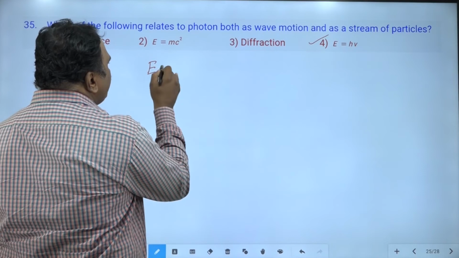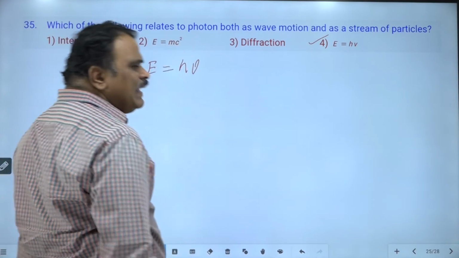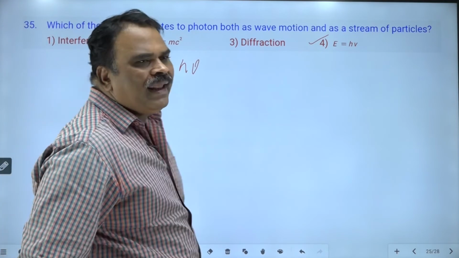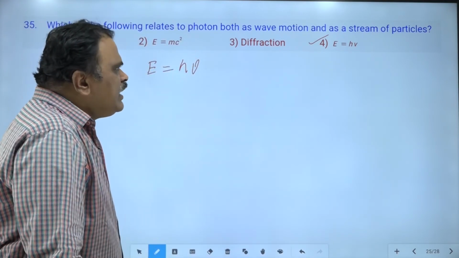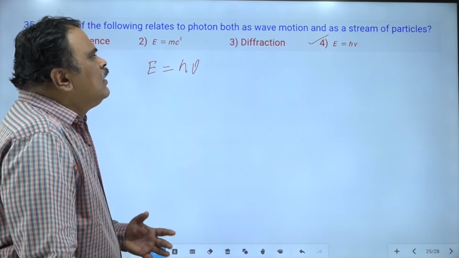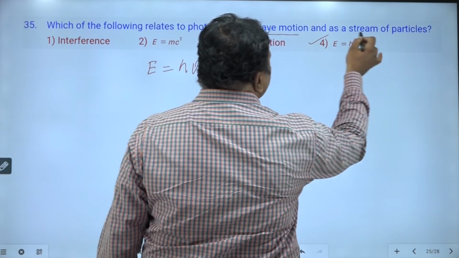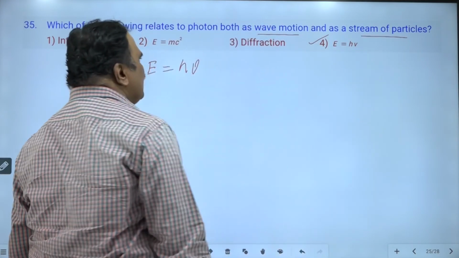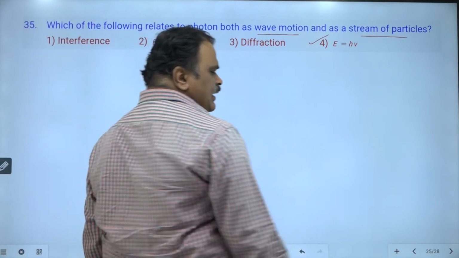E means energy packet, h is Planck's constant, nu is frequency. Frequency explains the wave parameter, that is the wave nature. So E is equal to h nu explains both the wave motion as well as a stream of particles.